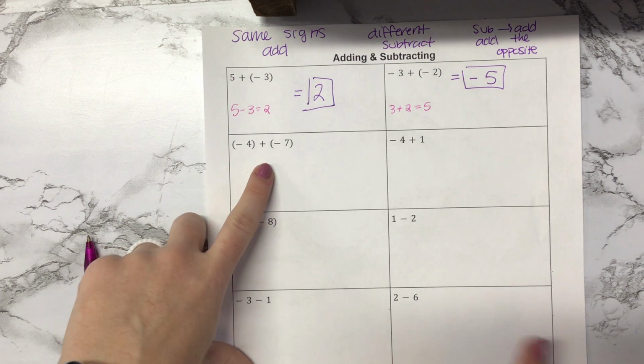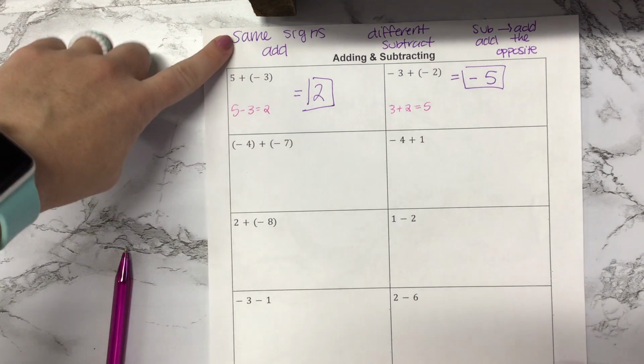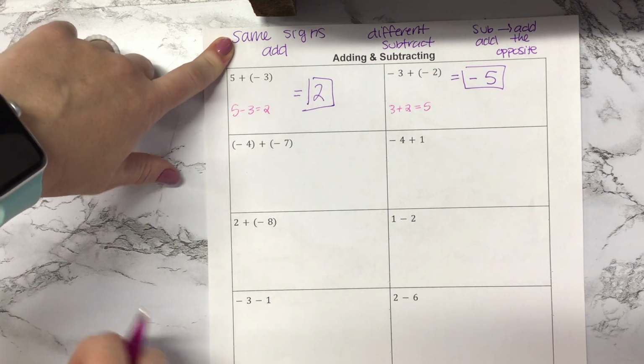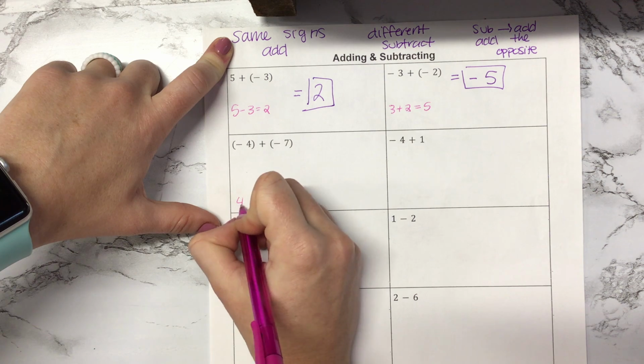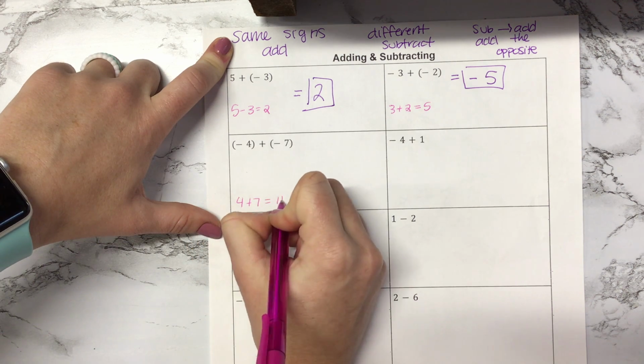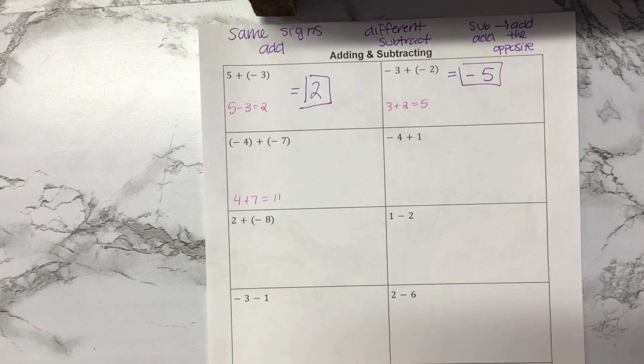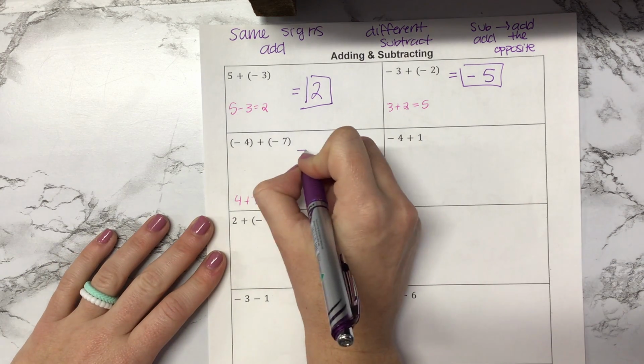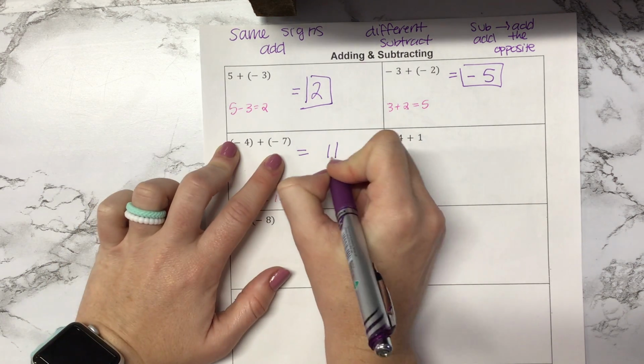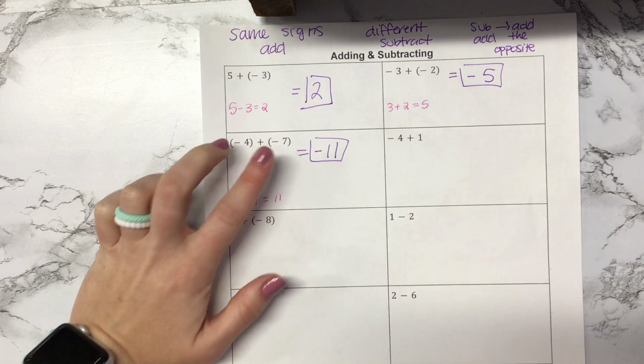Negative 4 plus negative 7. They're both negative, so they have the same signs, which means I'm going to add. 4 plus 7 is 11. They're both negative, so my answer stays negative.